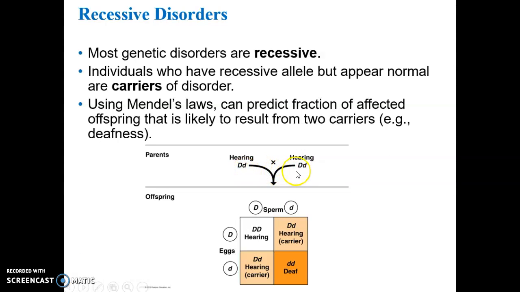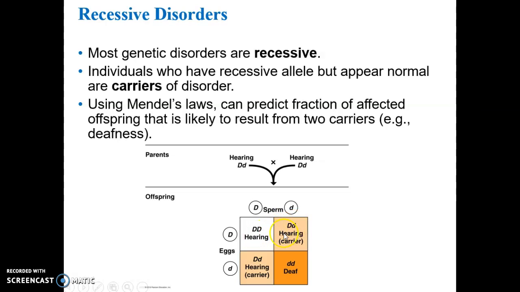So notice here, if two heterozygotes for the hearing disorder, that is recessive, mate, well, there is a 25% chance, just look at the Punnett square, of their offspring being deaf. Right?